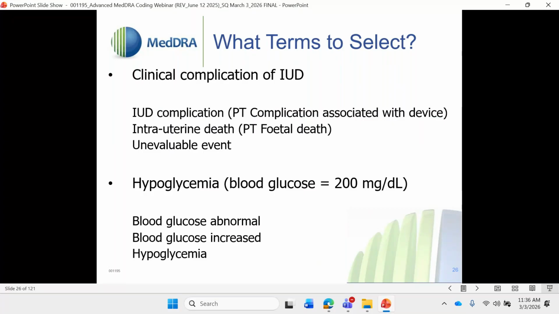This one, on the other hand, is way above the standard normal blood glucose, at 200. But how can you say hypo, low, when we know the normal is around 70 to 90? So again, this is conflicting information. And if you remember, when you have that scenario, the best bet is to choose the corresponding abnormal term, blood glucose abnormal.